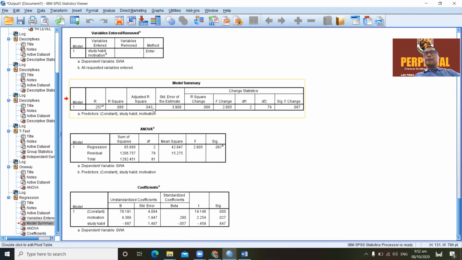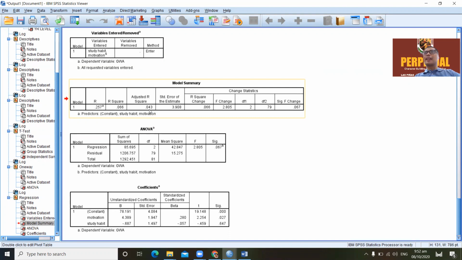0.043 would translate to 4%. So you would say 4% change in the academic performance is because of the effect of the combined level of motivation and study habits.